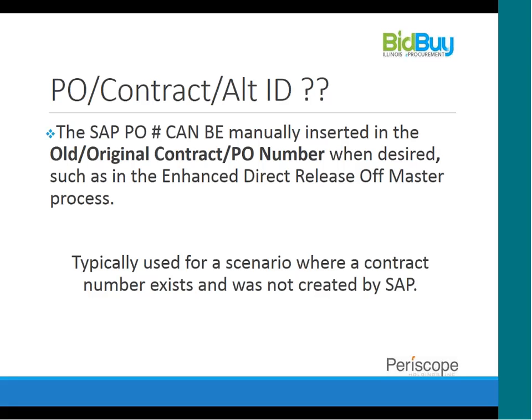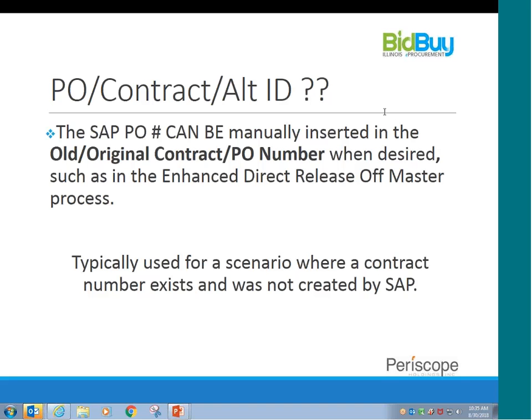You can put that in the old original contract number. Typically it's used for a scenario where a contract number exists that was not created by SAP, so that old original contract field can also be used for your legacy contract number. So hopefully that's clear. Let me see if I have any questions.